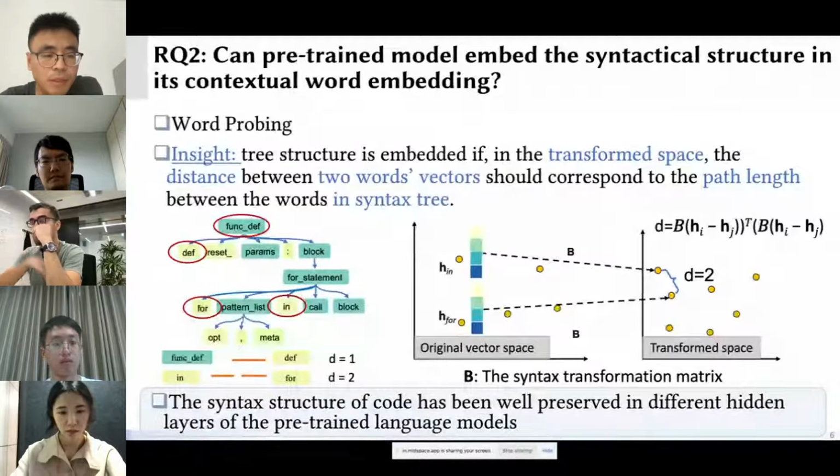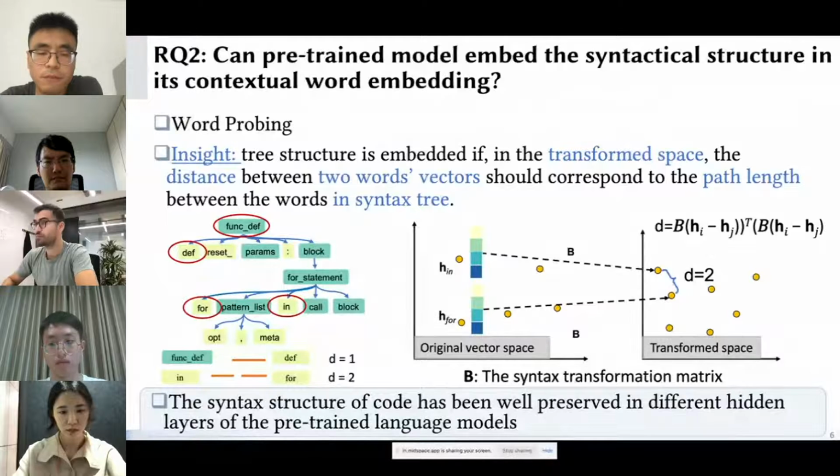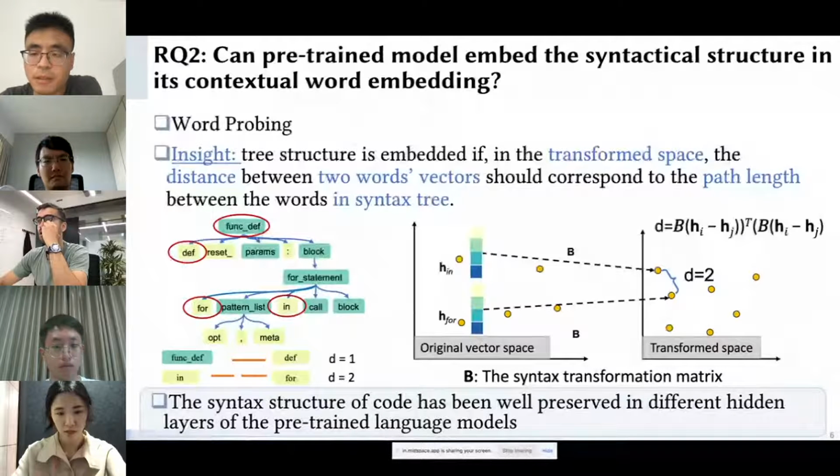For example, given an AST, the path length between the function definition and the define nodes is 1, and the path length between the load in and for is 2. So we first map the original word embeddings of in, load in and for into a transformed space using a matrix B. In the transformed space, our assumption is that the distance between them should also be close to 2.